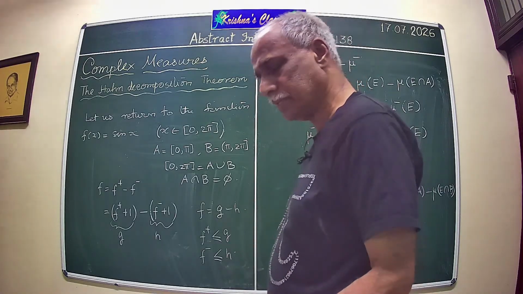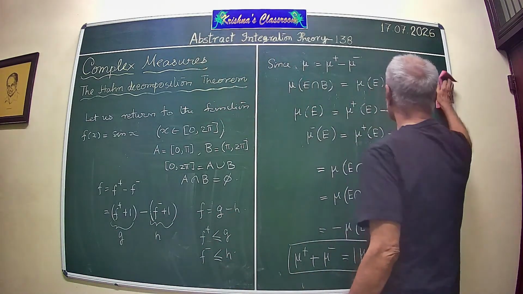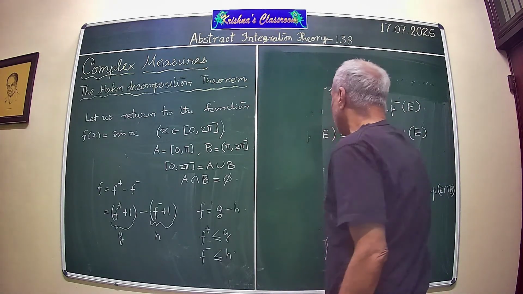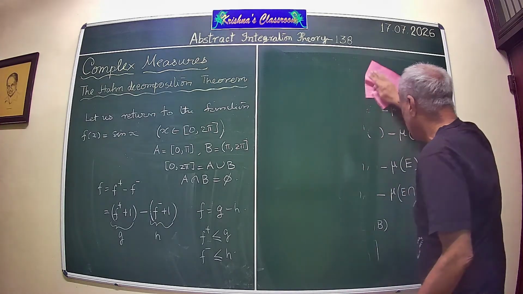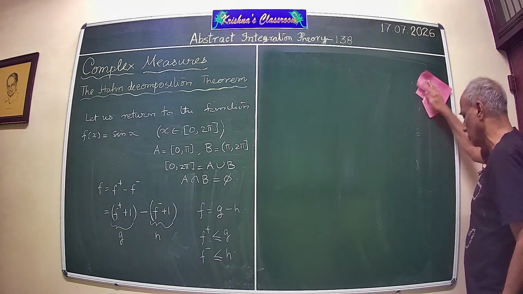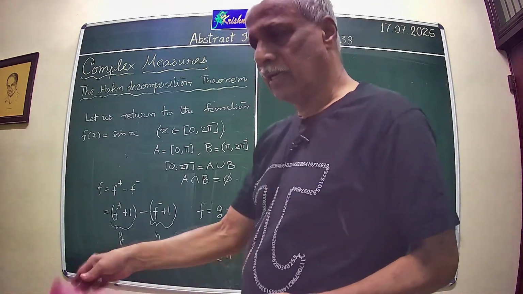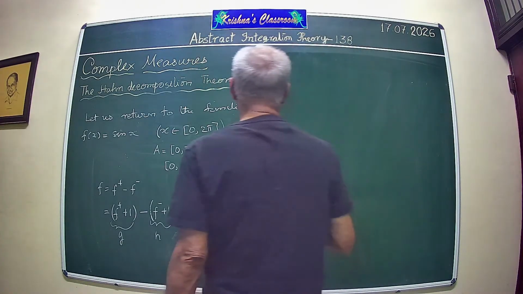So we will have the corresponding result here. Okay, so that's why I said it is somewhat optimal. It's an optimal breakup that you get for the function F. Correspondingly, you have for mu the breakup mu plus and mu minus, and mu plus and mu minus are also optimal. So we will write it up.